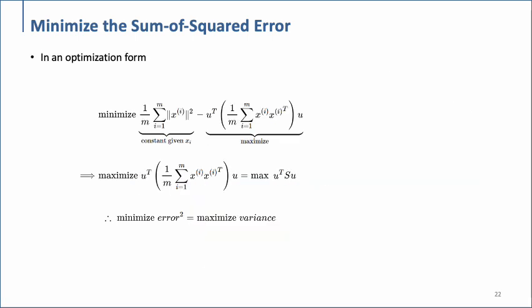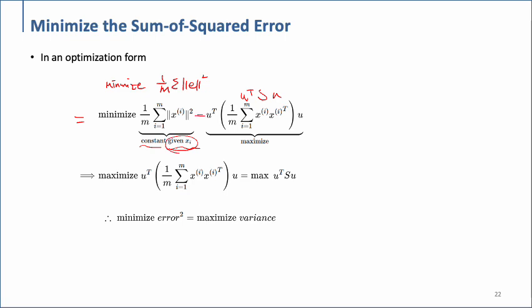So minimizing the sum of squared error is exactly the same as minimizing the sample value term minus u transpose S u. But when you see this equation, the first term is constant for a given x, which means this value is constant for any given samples.